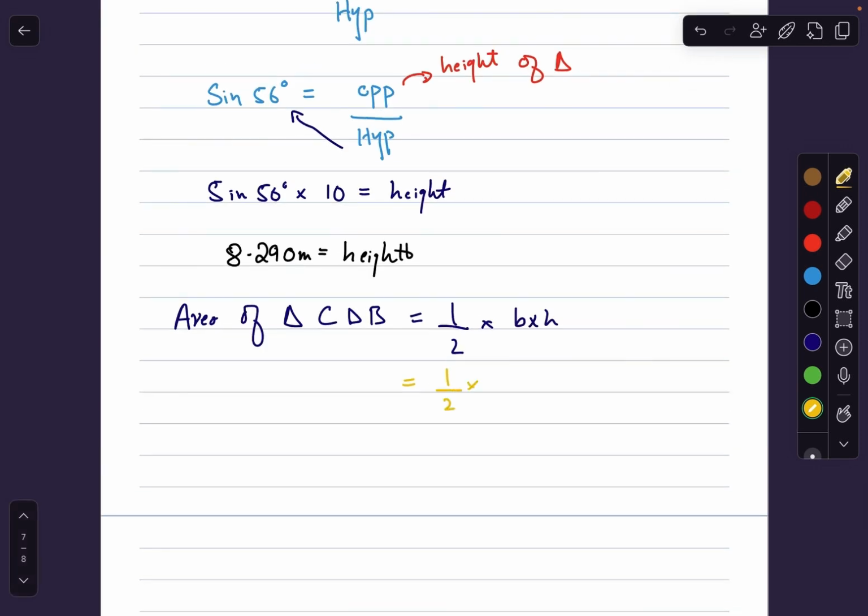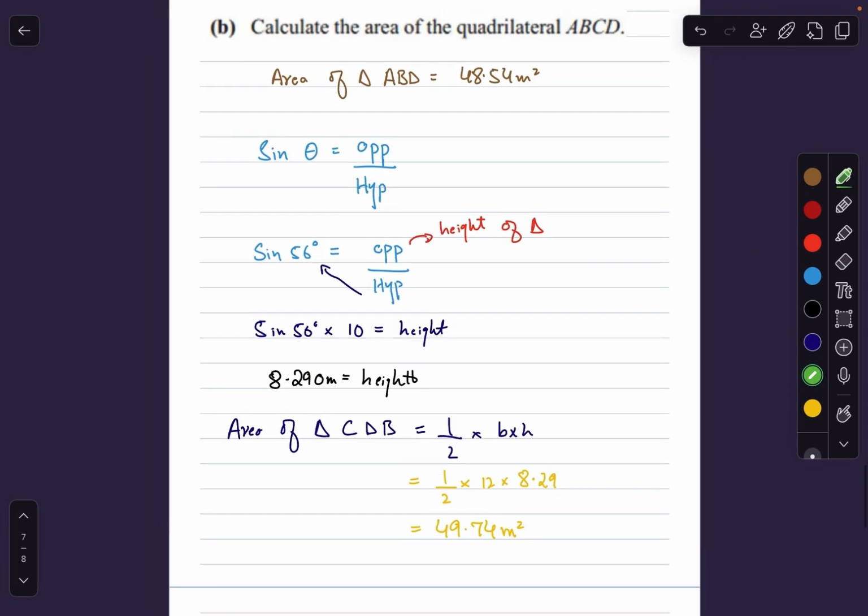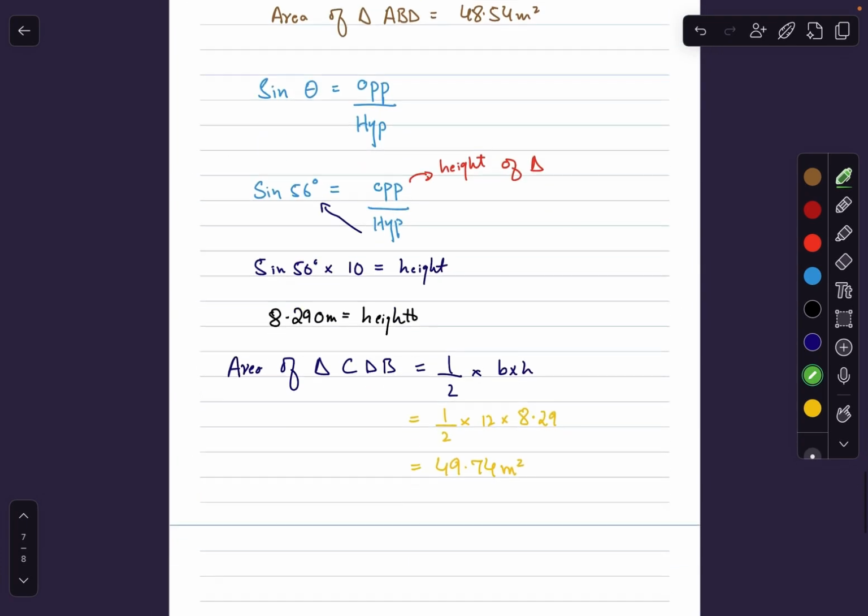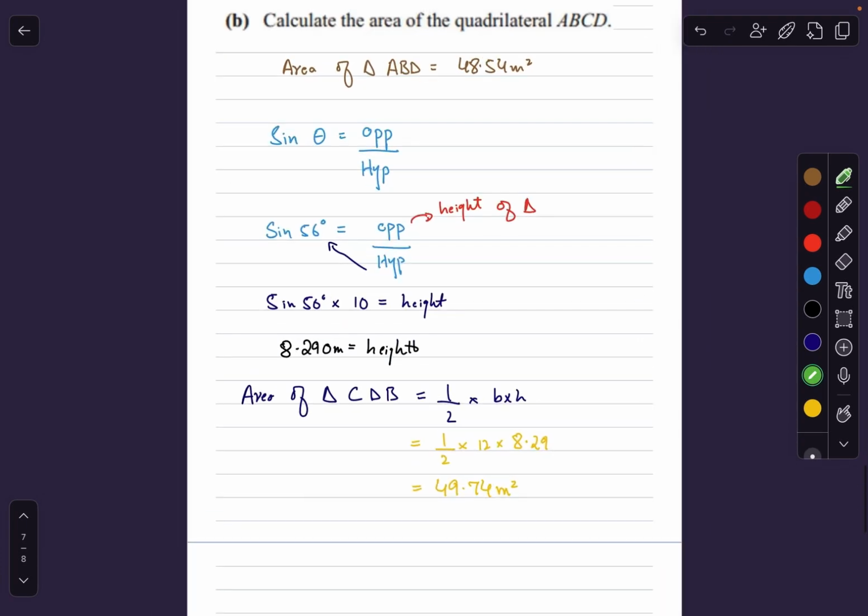So 1/2 times 12, the base, times the height 8.29. So the area for that is 49.74 meters squared. Remember, the area is always in squared units. And we got the two areas of both triangles. If we add them together, that would be the area of the total quadrilateral.